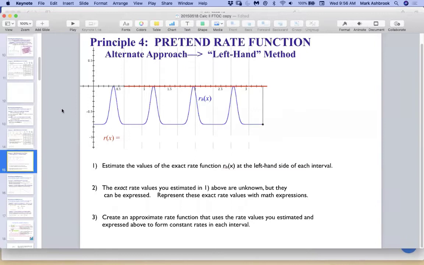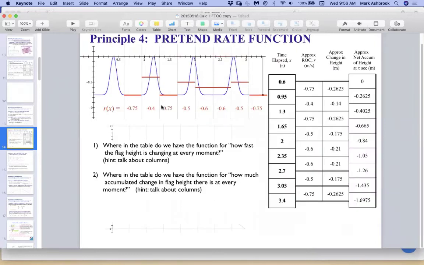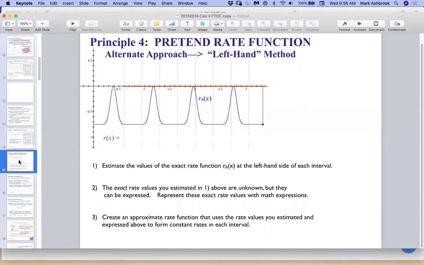Before, with the estimating method, we would all have slightly different values for what we think is the best guess at the average rate in each interval. Now this method, the left-hand approach, is going to be the same for everyone. Am I still sharing my screen? Yes, you can see. Okay.